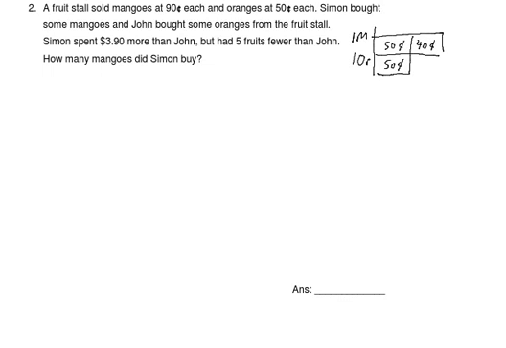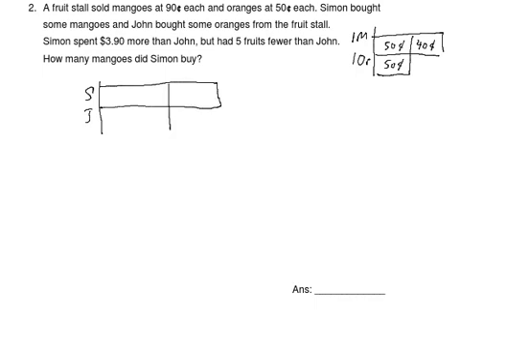Yeah. Okay, now I'm going to draw a second model. The second model we can draw based on this. Simon spent $3.90 more than John, but had 5 fruits fewer than John. So, Simon, John. Now, Simon spent more than John.